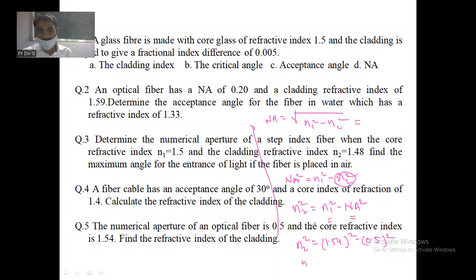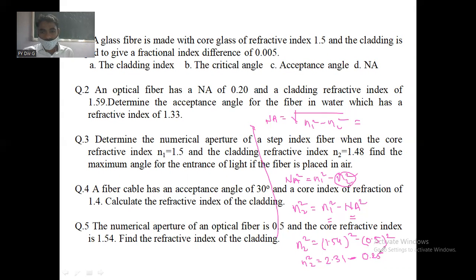What is the square of 1.54? 2.31. Minus the square of 0.5, which is 0.25.